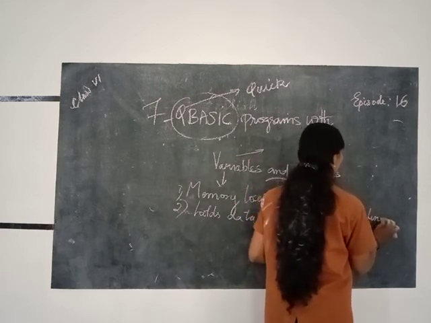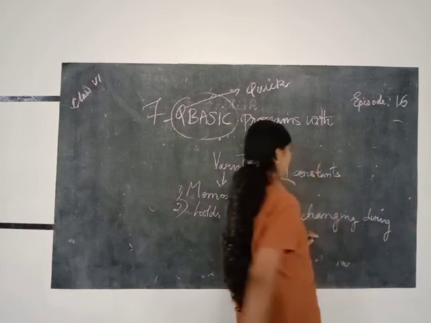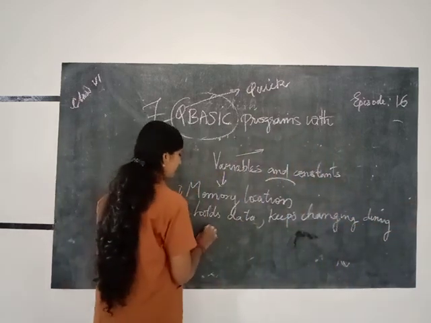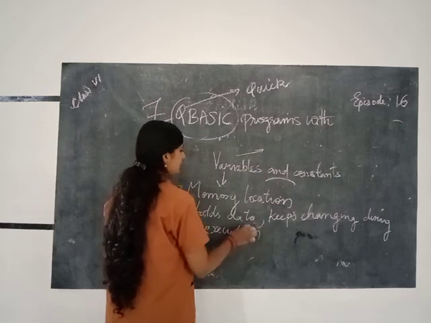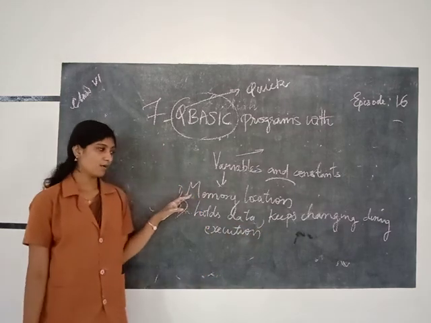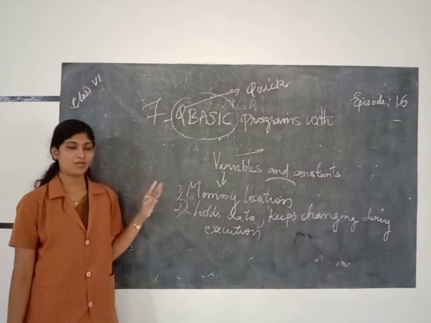So those are the two important things in a variable: memory location and its changes during the execution.